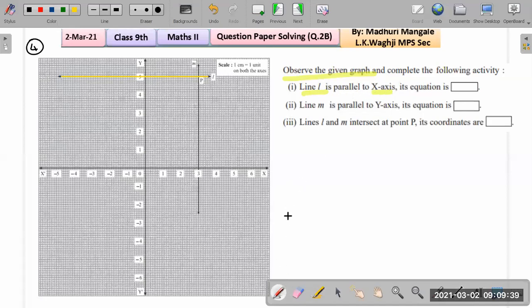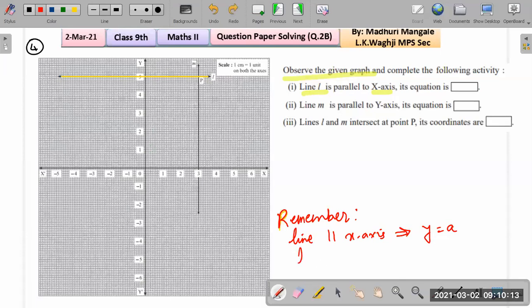Now something to remember, very important. We have already worked on this, but still I will mention it again. Remember, any line which is parallel to the x-axis is of the form y equals a, where a is the point of intersection of that line with the y-axis.